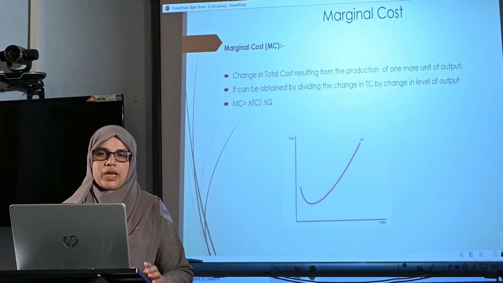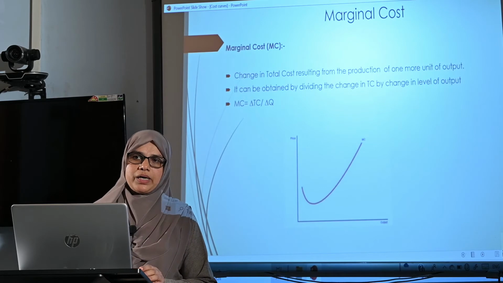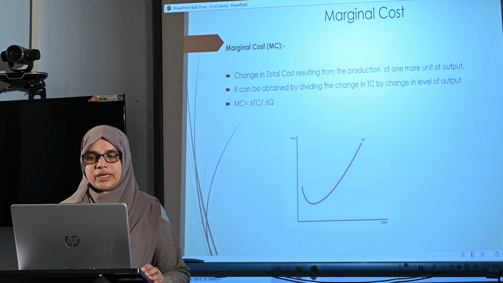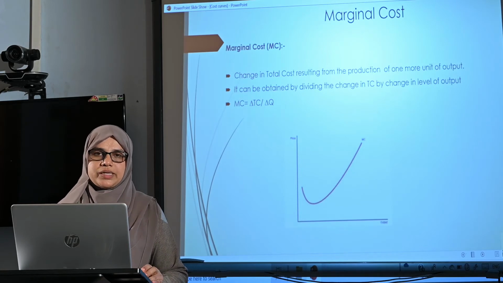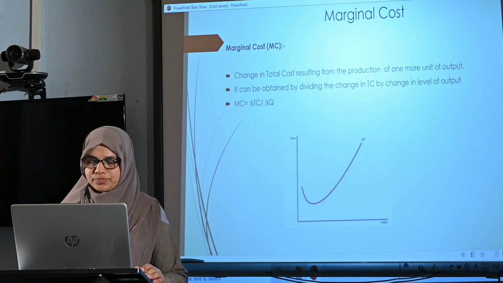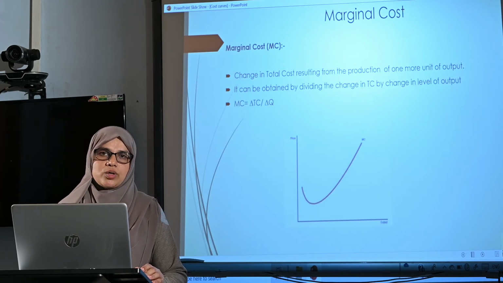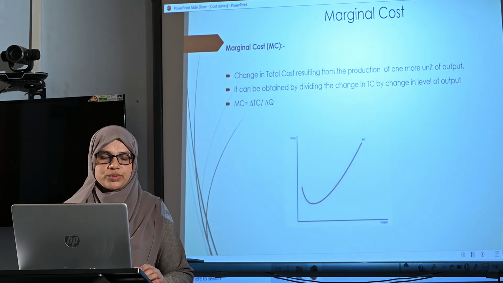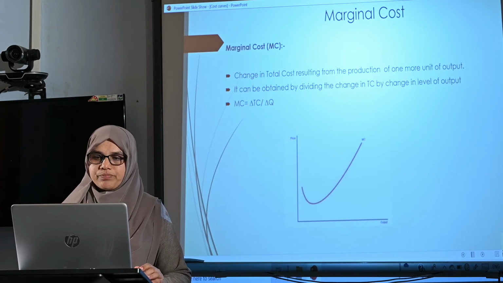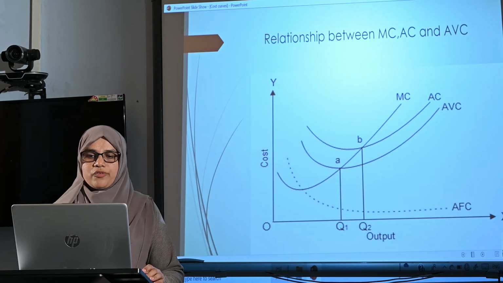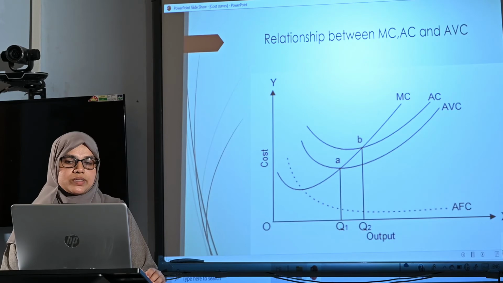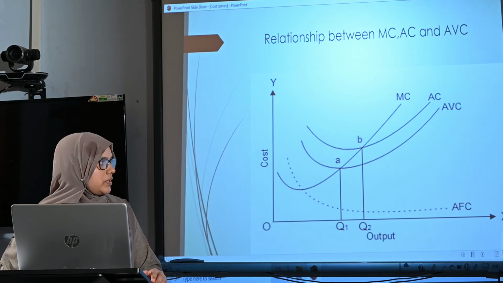And marginal cost can be obtained by dividing change in total cost by the change in level of output, that is MC is equal to delta TC by delta Q. MC curve also has got a U shape due to law of variable proportion. Now, from the diagram we can see the relationship between MC, AC curve and AVC curve.